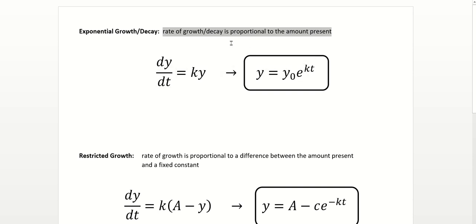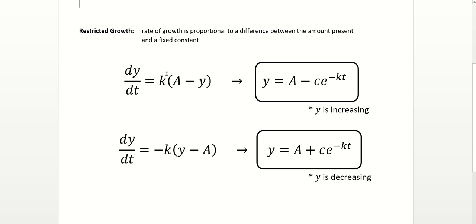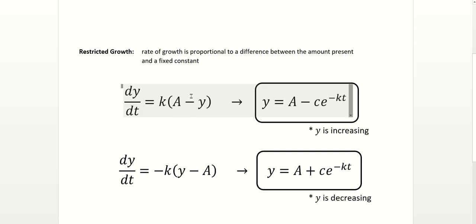So knowing that the rate of growth or decay is proportional to the amount present, that means we do, technically, this differential equation, but really this formula. And if the problem says it's proportional to a difference, or it kind of refers to that, more on that in a second.